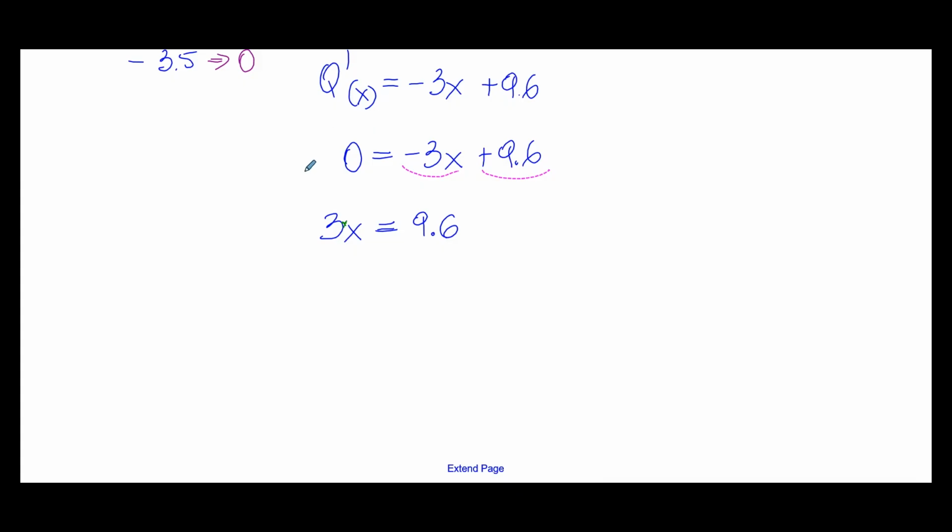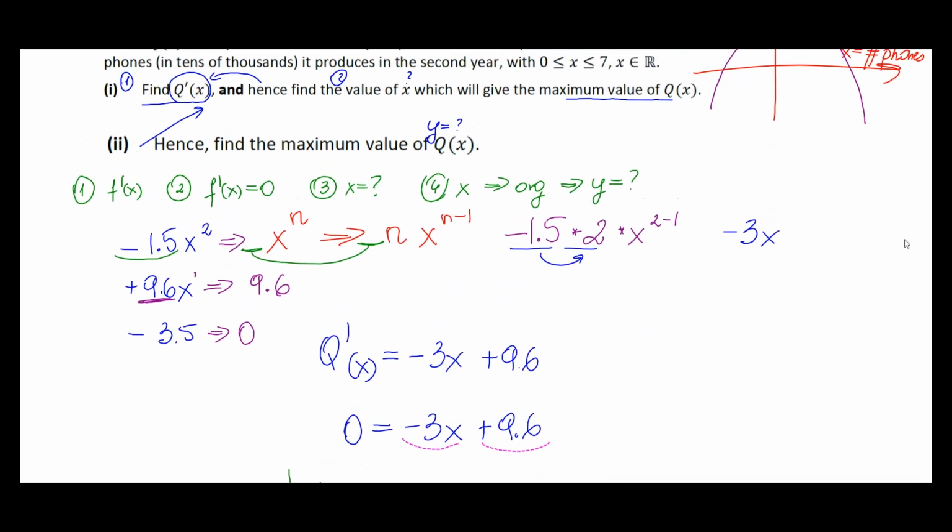So negative becomes positive. 3x, we want x, not 3x, which means 3 multiplied by x. How do we get rid of multiplication? We divide, and we divide both sides of the equation, because 3 divided by 3 is 1, and 1 multiplied by x is x. And we put that in our calculator, we press equal, and we get that the value of x is 3.2. So that's really for that first part.